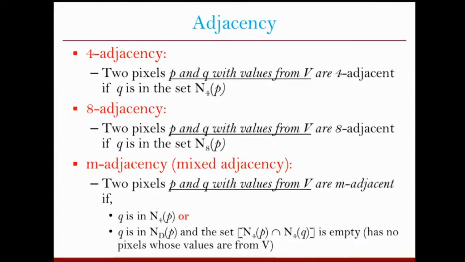So we say that two pixels P and Q with values from V are 4 adjacent if Q is in the set N4(P).